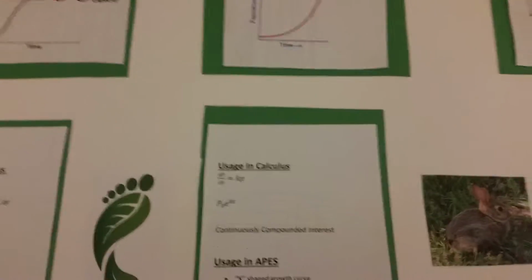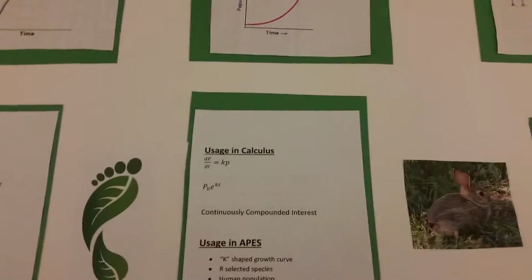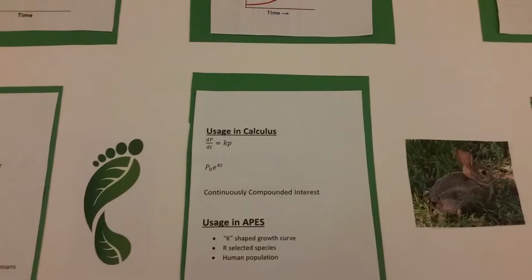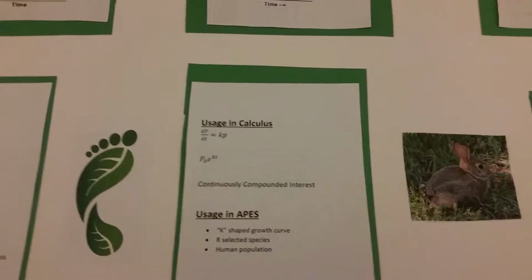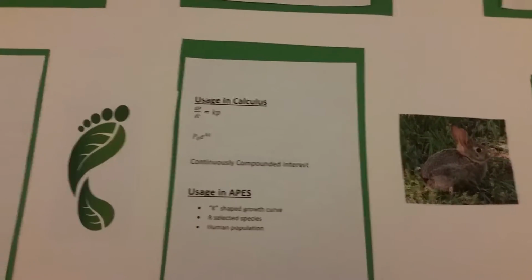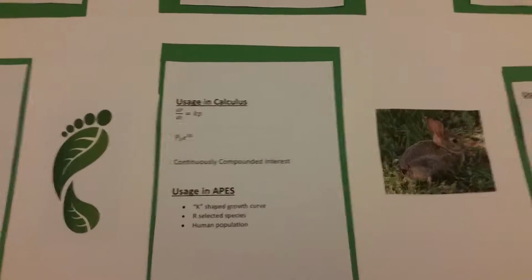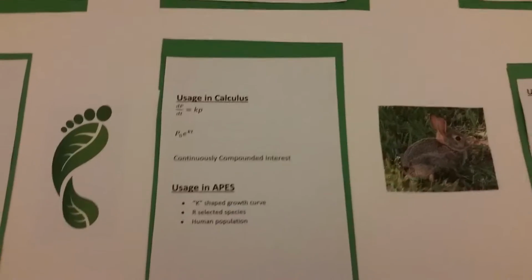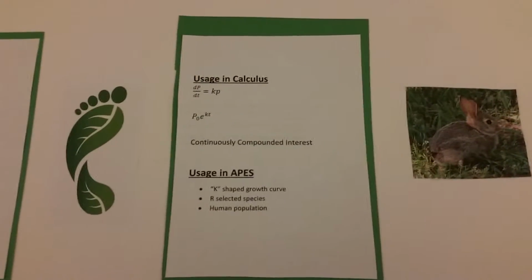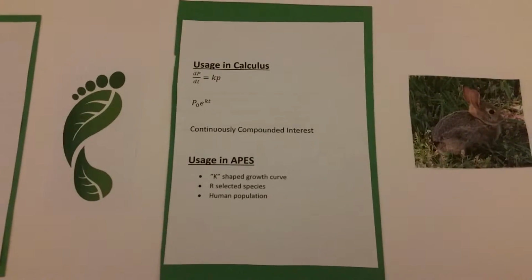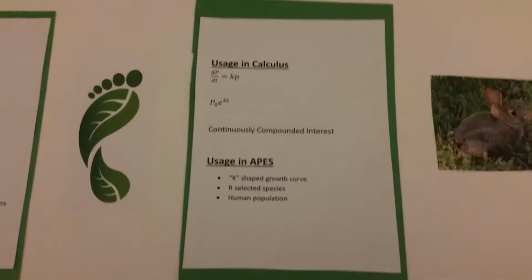In calculus, this is defined as dP/dt = kP, or P = P0 e^(kt). It is also used in continuously compounded interest, which is a pre-calculus subject. In APES, there's a J-shaped growth curve, and our selected species, and the human population.